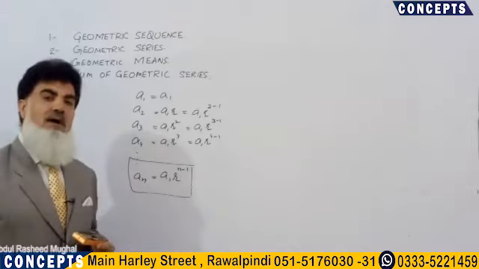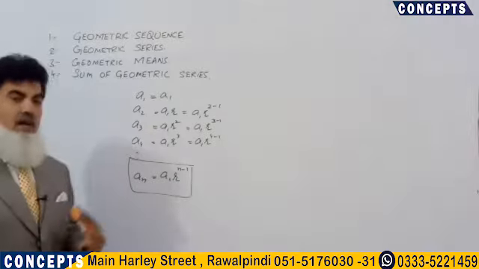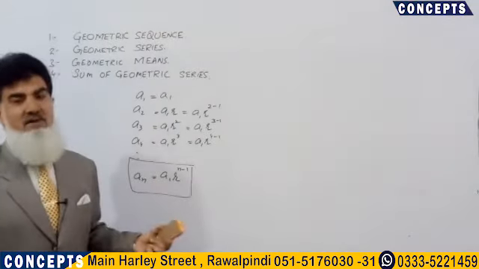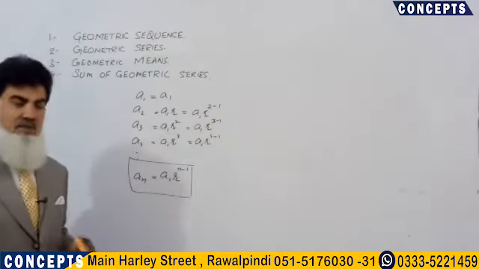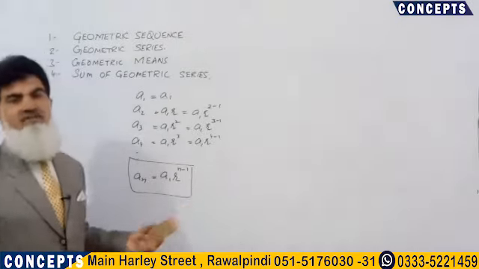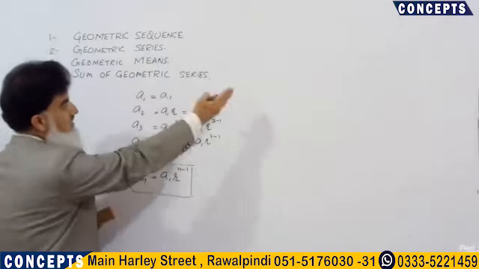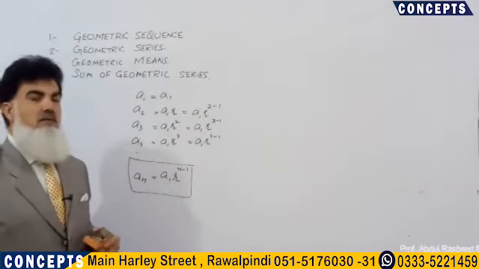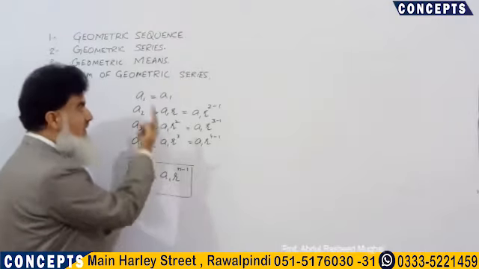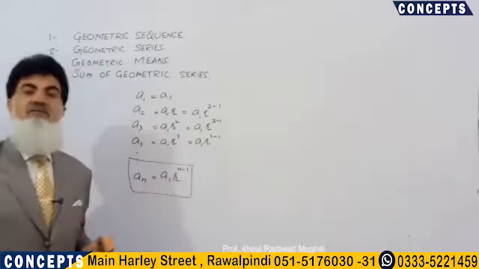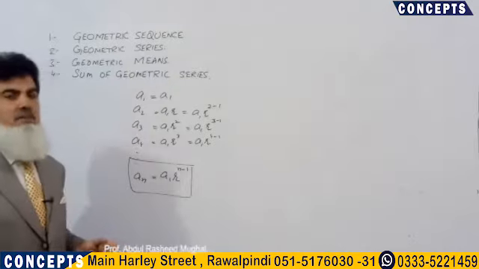There are four unknown elements involved: an, the first term A1, the common ratio R, and the number of the term. We can find out any term if we know the first term and the common ratio. For example, in the sequence which I have mentioned here, if we are required to find out the 100th term, simply A1 will be replaced by 1 and R will be replaced by 3 because the common ratio was 3, and in place of n we shall put 100.